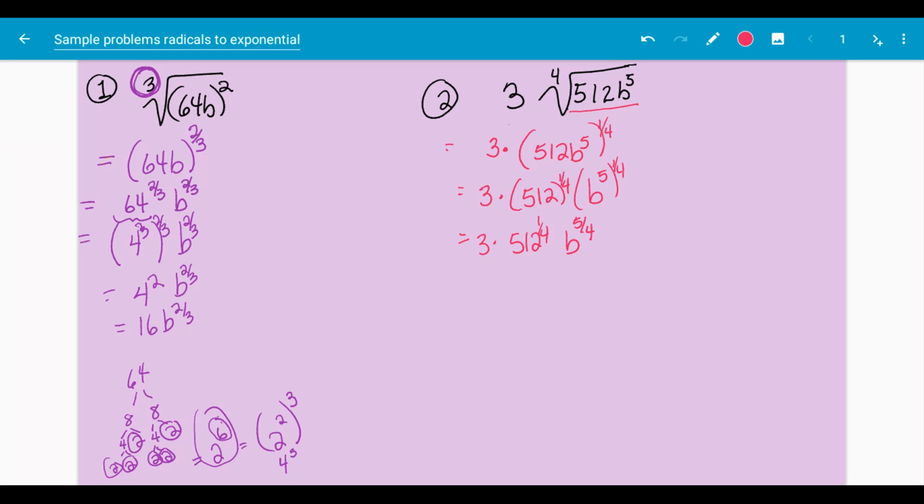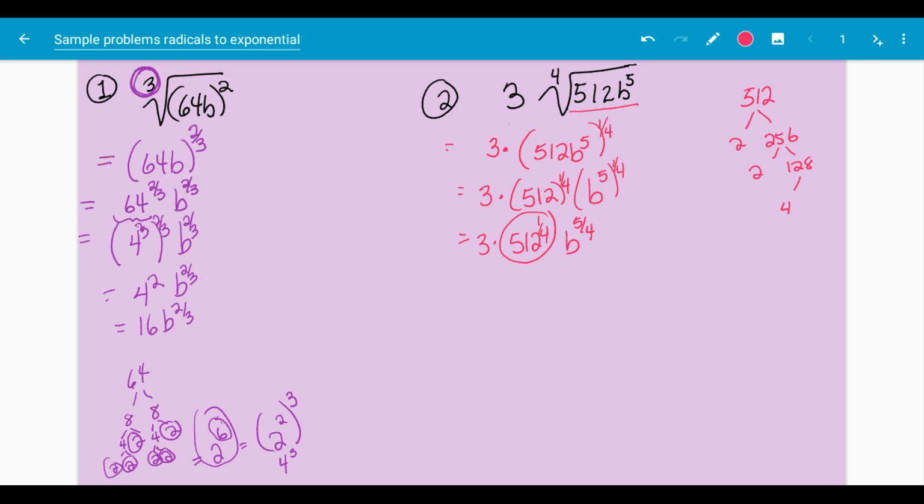But I'm going to look at this term right here, 512 to the 1/4 power. Are there any factors of 512 that would be times themselves 4 times? Well, let's just do a factor tree on 512. I'm going to do 2, and then that's 256, and then that's 2 and 128, and then let's just take a 4 out of here.